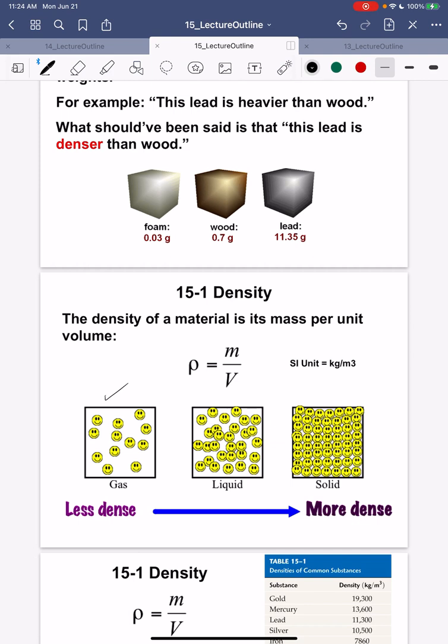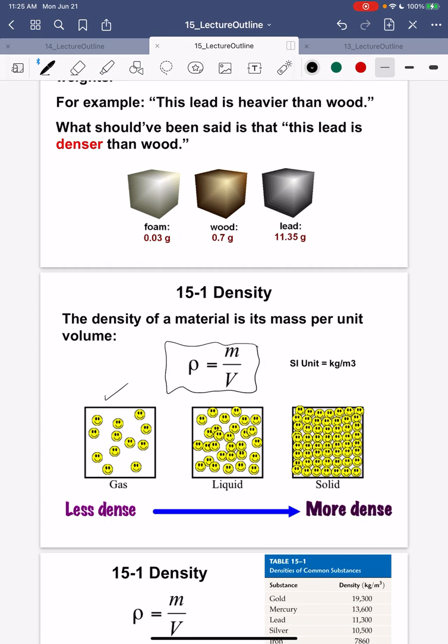If you compare lead and aluminum, aluminum is going to have very few atoms in the same volume, whereas for the same volume of lead, we are going to have more of these atoms. Density can be calculated as mass per unit volume.